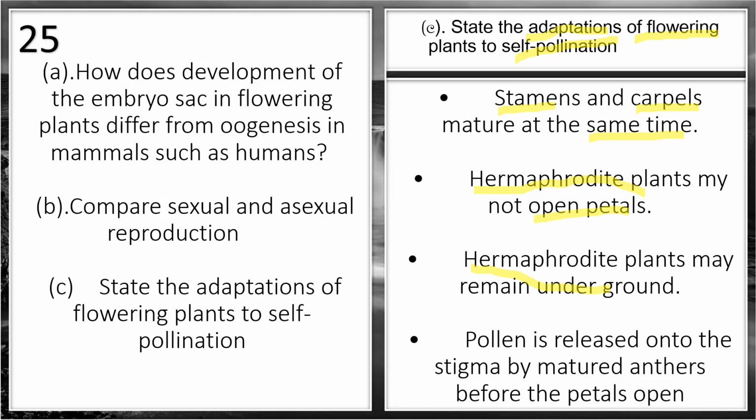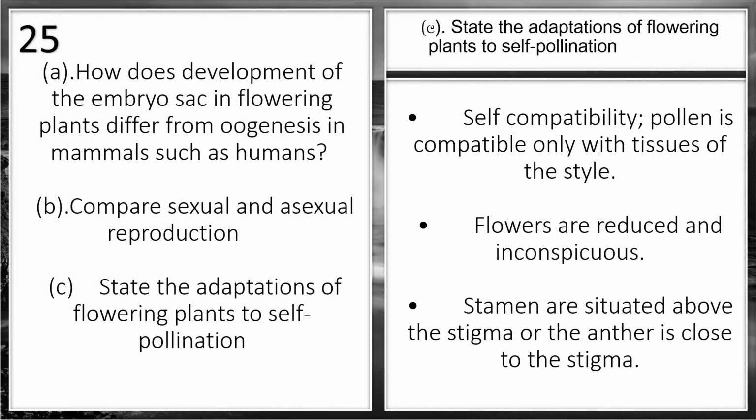Hermaphrodite plants may remain underground. Pollen is released onto the stigma by matured anthers before the petals open. Self-compatibility. Pollen is compatible with the tissues of the style.